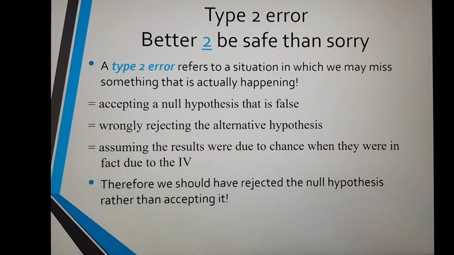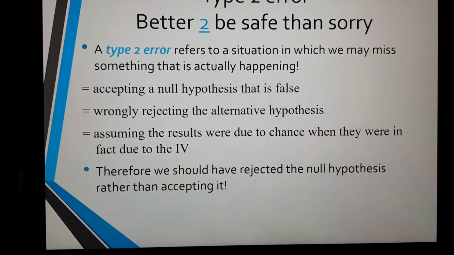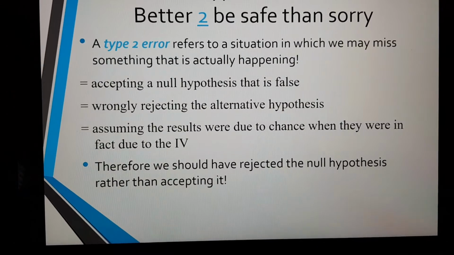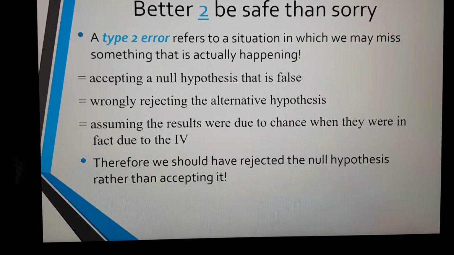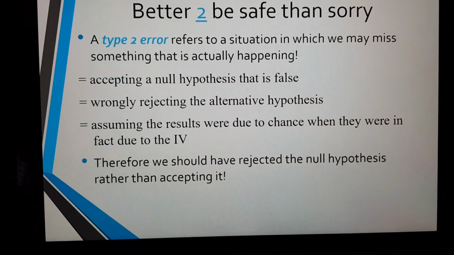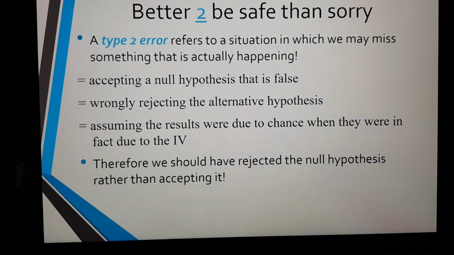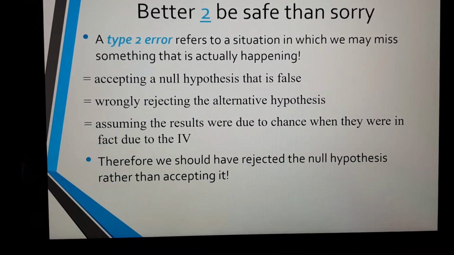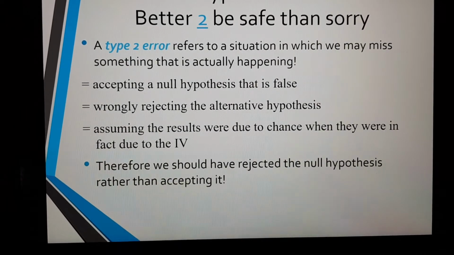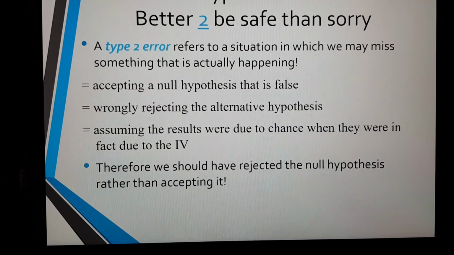So when you get a type 2 error, it's a situation where you're actually accepting the null, when really what you should have done is accept your alternative hypothesis, and what you've done here is rejected it. So in other words, you're saying the results are due to chance, because you're accepting your null hypothesis, when really they were in fact true.